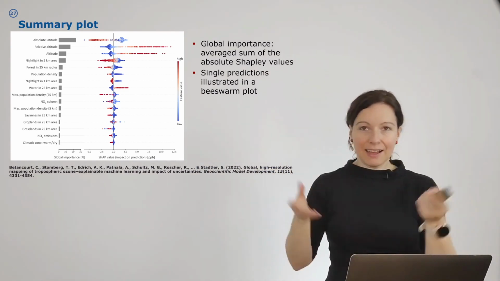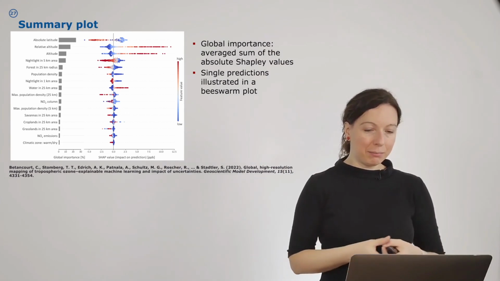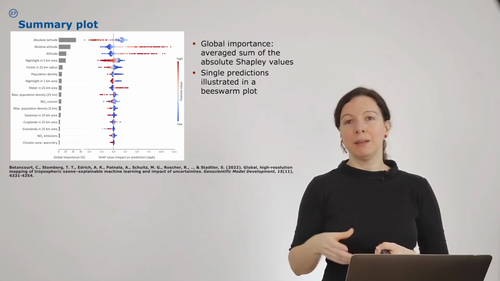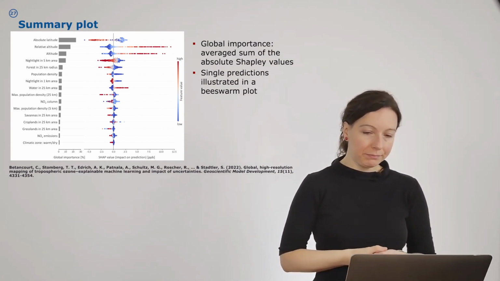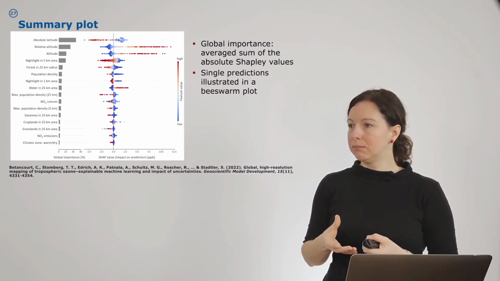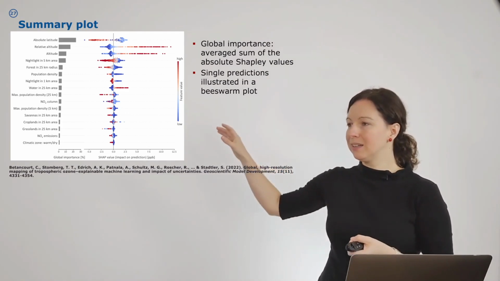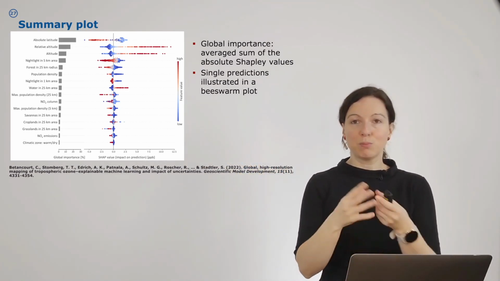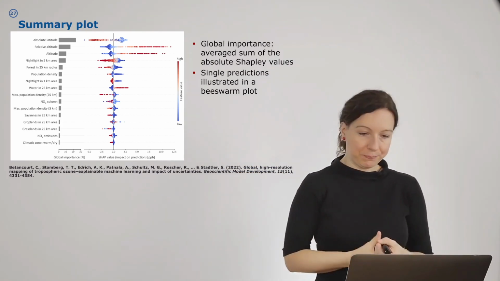And in this colorful part, the Shapley values for the single predictions are illustrated in a beeswarm plot, because from this you can quite nicely see the influence of specific features.